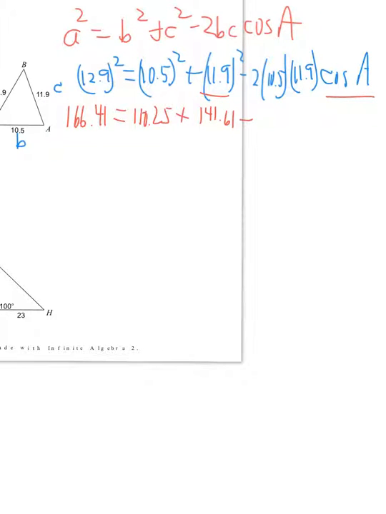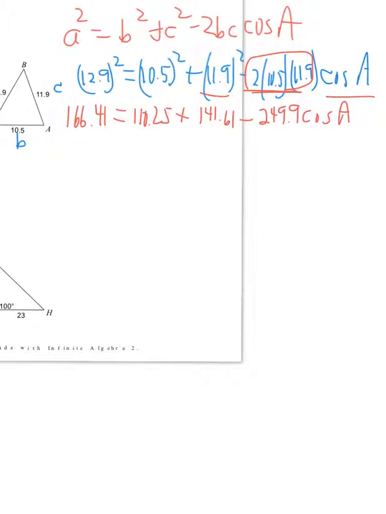Okay, and then I'm going to multiply these things in front of my cos A together. If I do 2 times 10.5 times 11.9, it's minus 249.9 cosine A, and that's attached to the cosine of A.